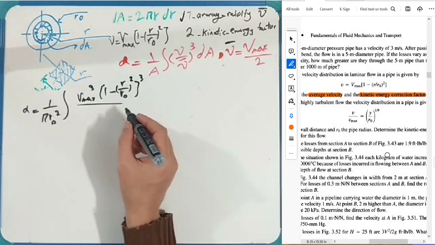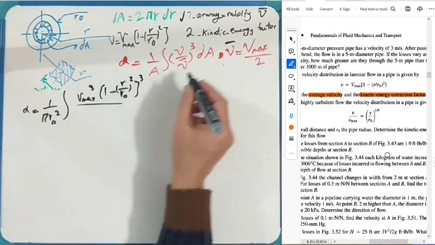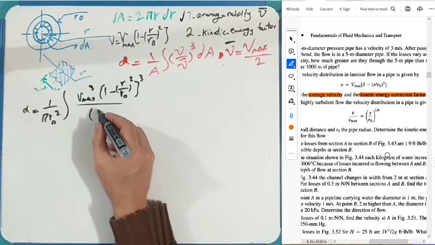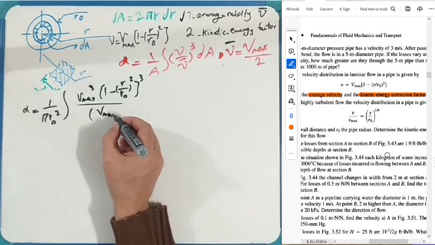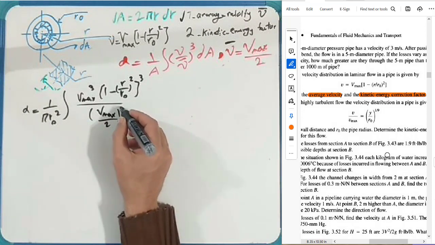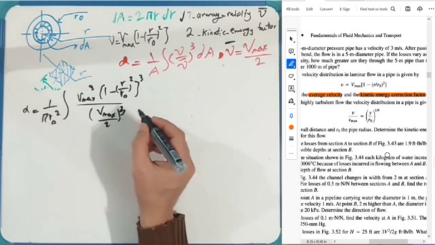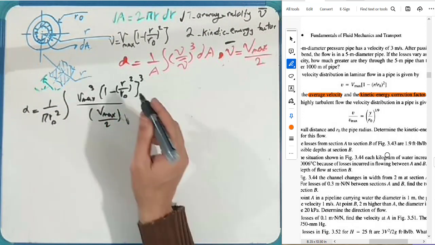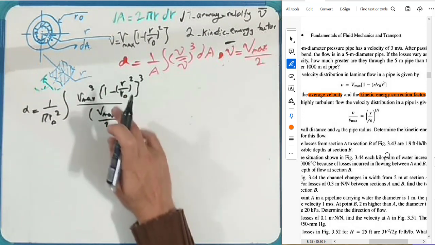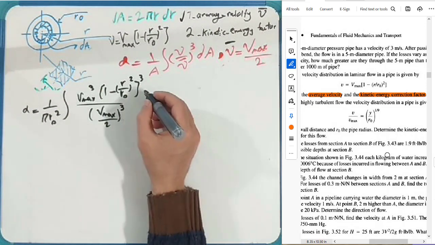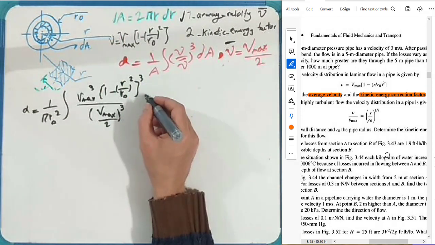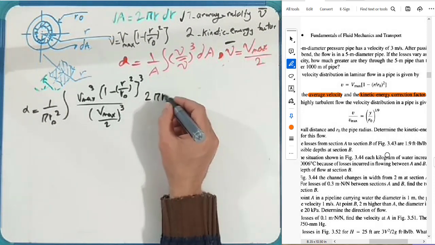Okay, and I put Vmax over 2 squared... with power of 3 here in the denominator. Okay, let me write it better. Okay, and multiply by dA, which is this one, 2πr dr.